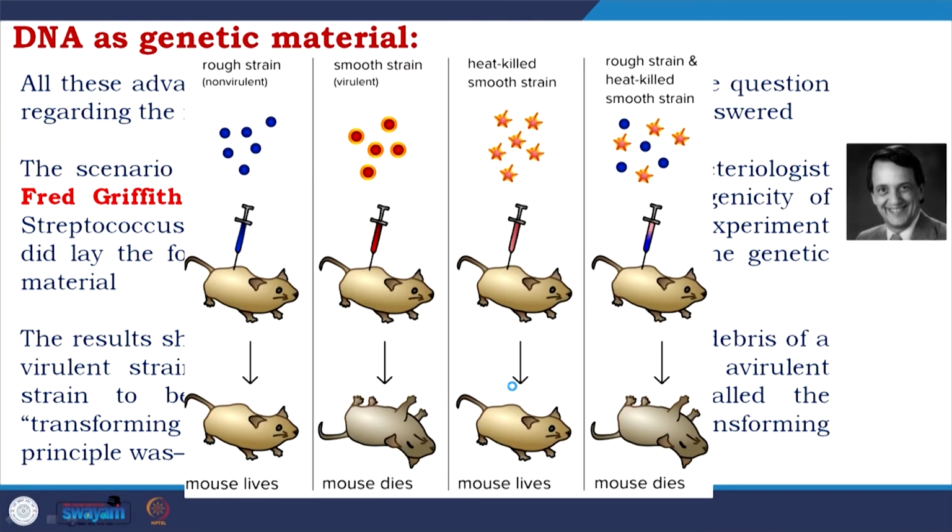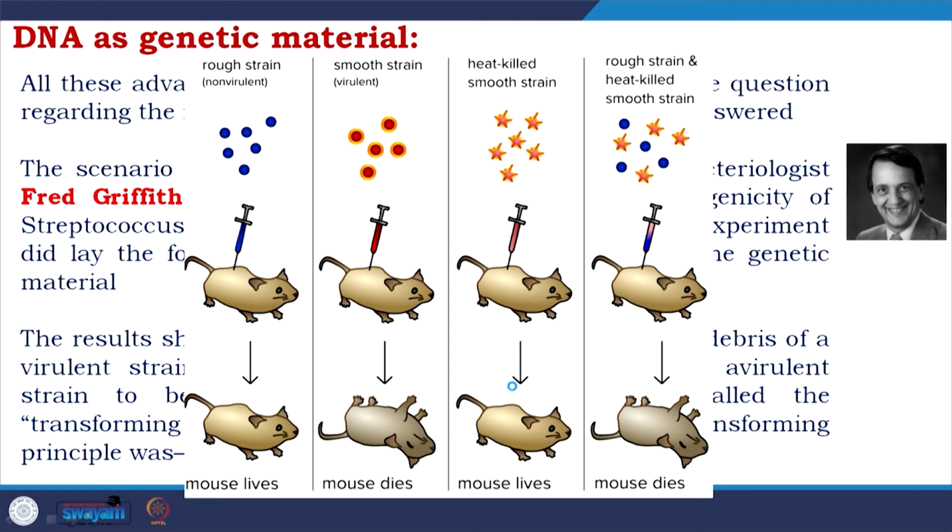So, this is the description of the experiment. They chose a rough strain which is non-virulent and injected it in the mice. Then they took a smooth strain of Streptococcus which is virulent, and when injected into a mouse, it dies. Then they used a heat-killed smooth strain.